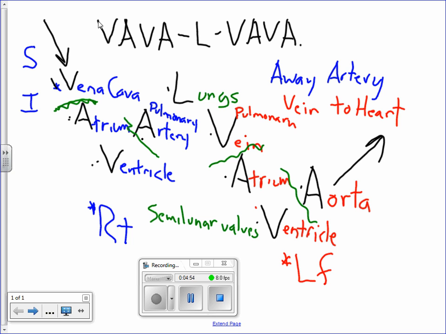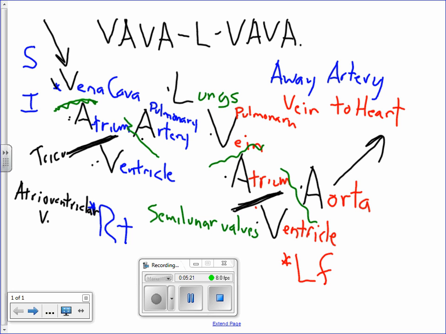Okay, now in between the atrium and ventricle, we have valves, and they have separate names. The easiest one to remember is the right and left atrioventricular valve. Okay, you have a right and a left.